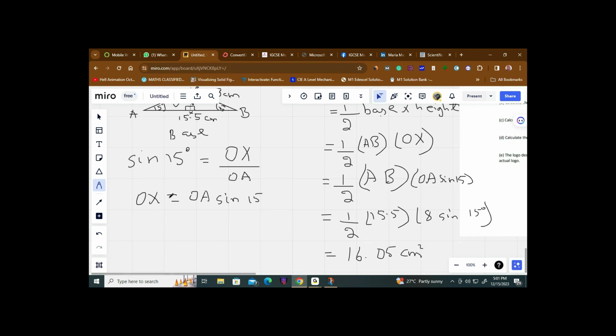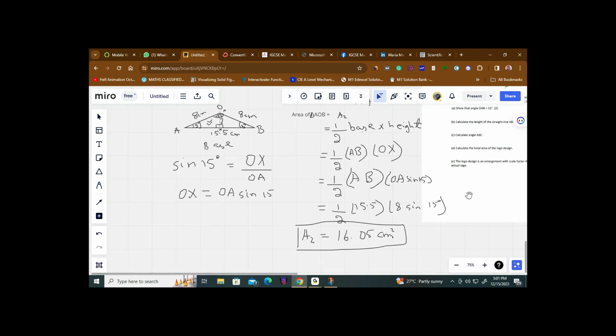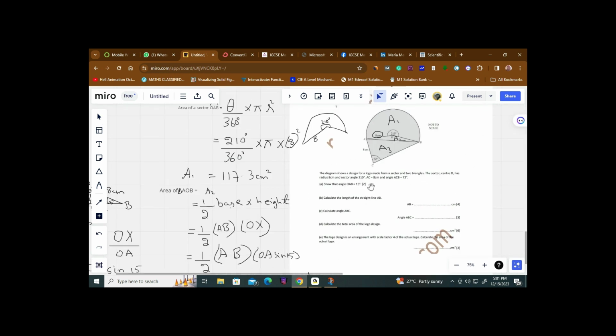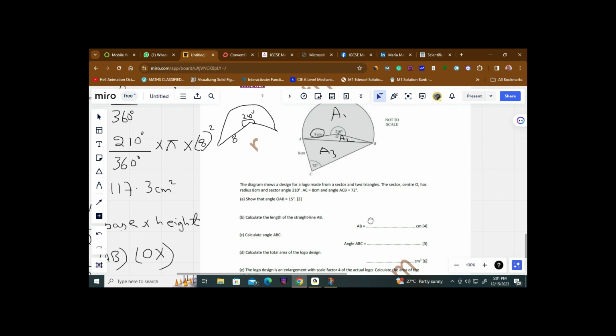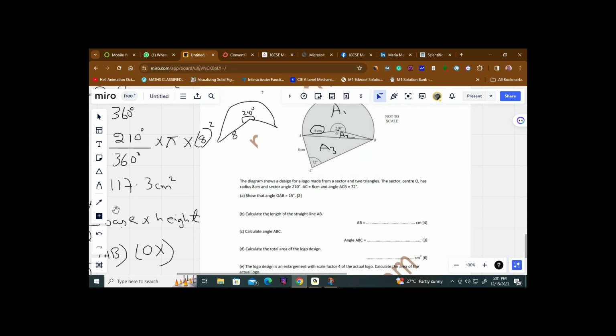So the area A2 is this. Clear? Now the third thing left is to find out the area of triangle ABC. How are we going to find out this area? It's also very easy. You know the value of AB is 15.5.